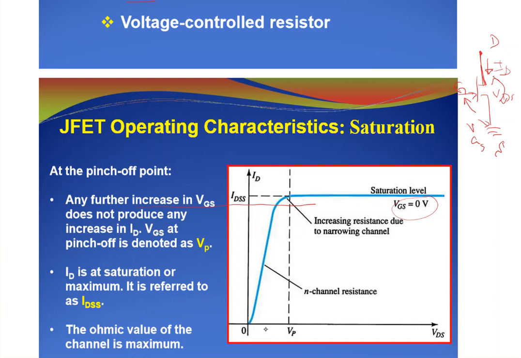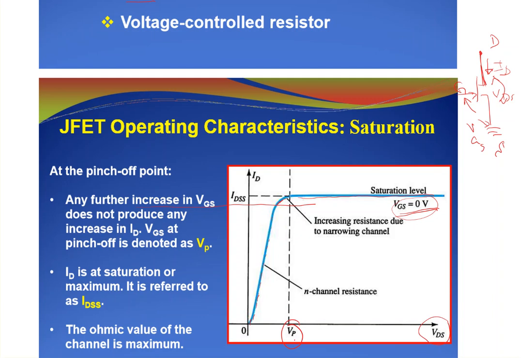As I increase VDS for VGS equal to 0, I will see this kind of characteristic. As you can see, it's more or less a straight line, then there is a knee point, and after some voltage VP, no matter how much you increase VDS, you will have no increase in the current ID.